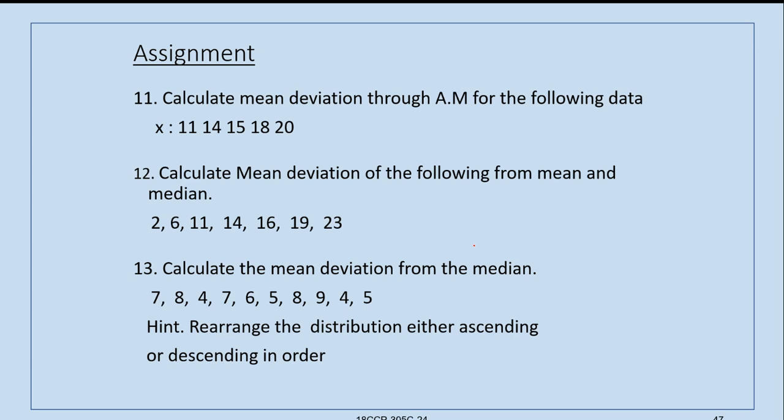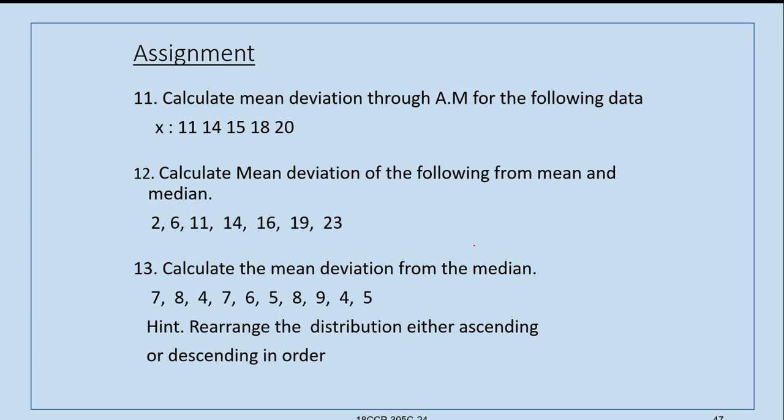In discrete series and continuous series, we will completely ignore the frequency given. So frequency is not taken for calculating range and coefficient of range.